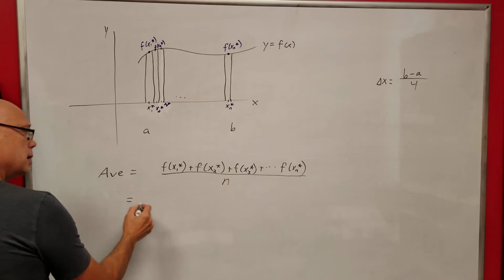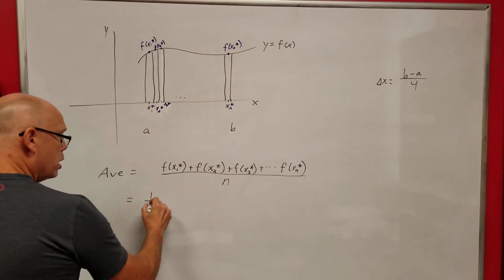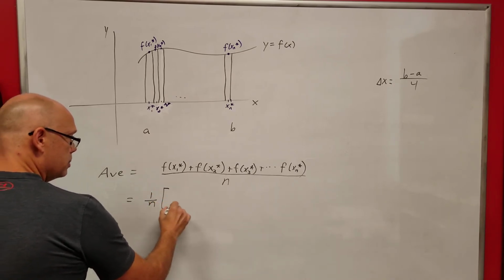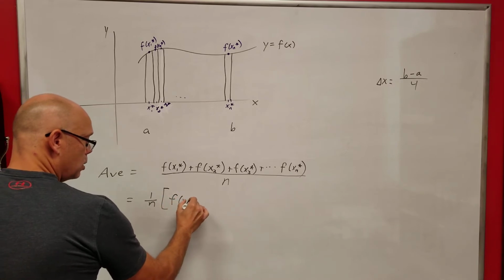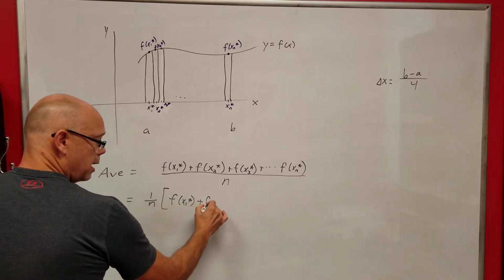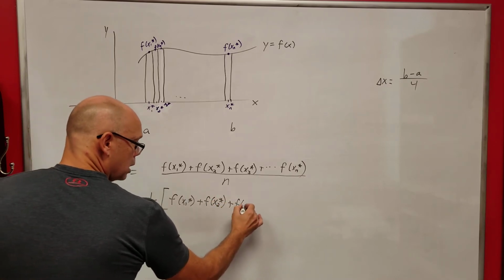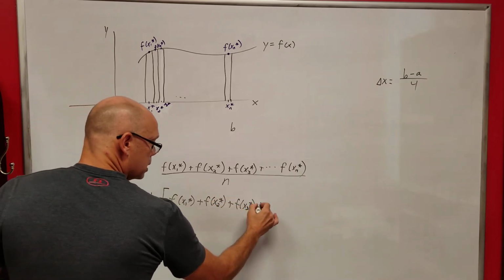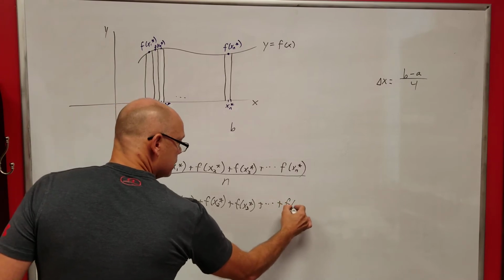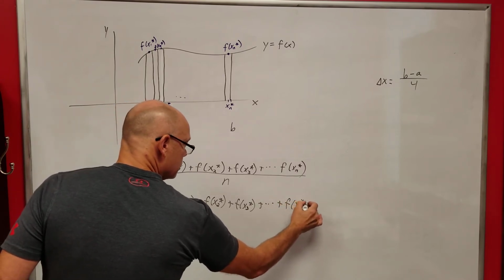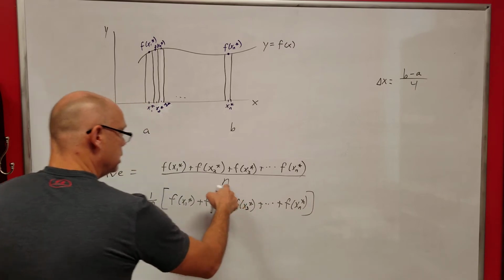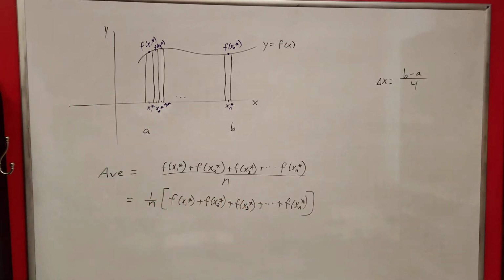All right, so I could say that's the same thing as saying 1 over n times f at x1 star plus f at x2 star plus f at x3 star plus dot, dot, dot plus f at xn star. So really all I did here was factor the n out, right?